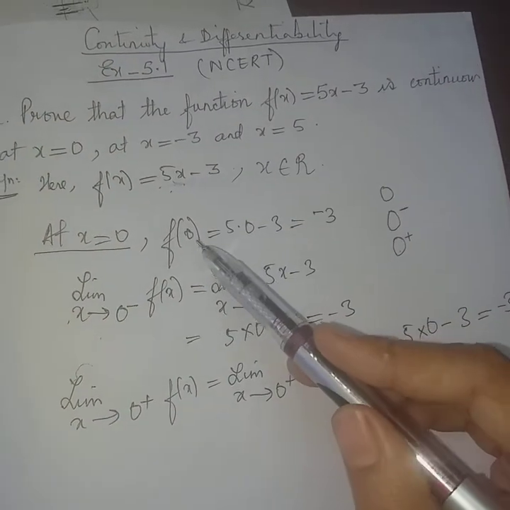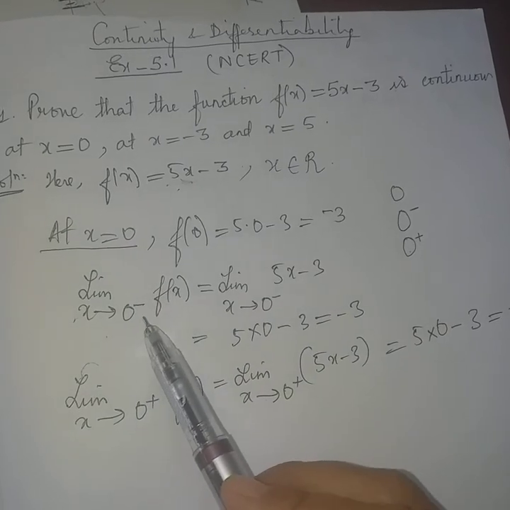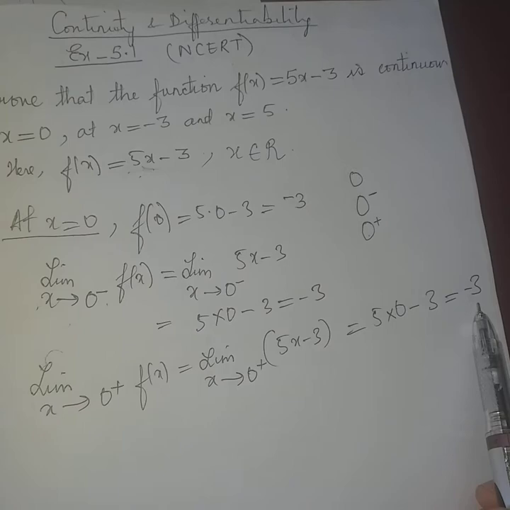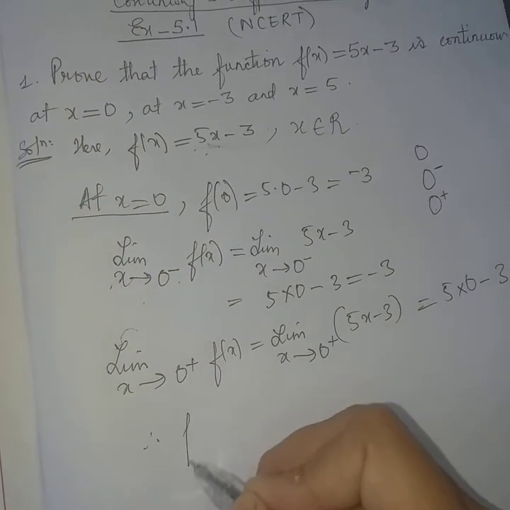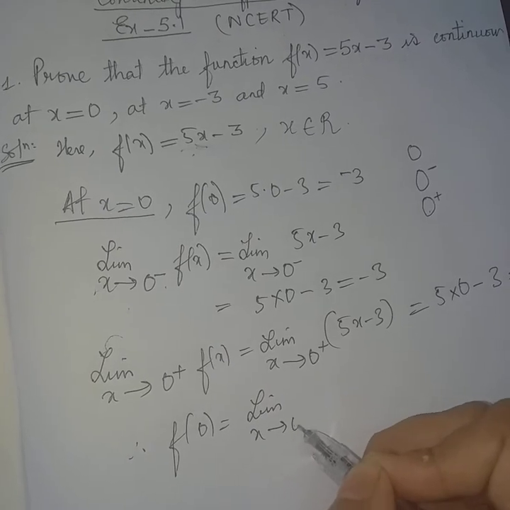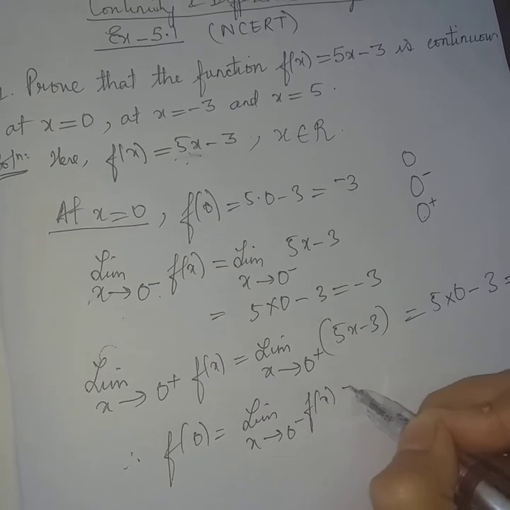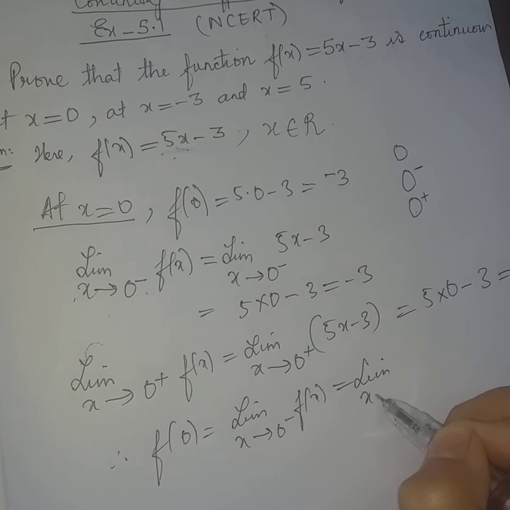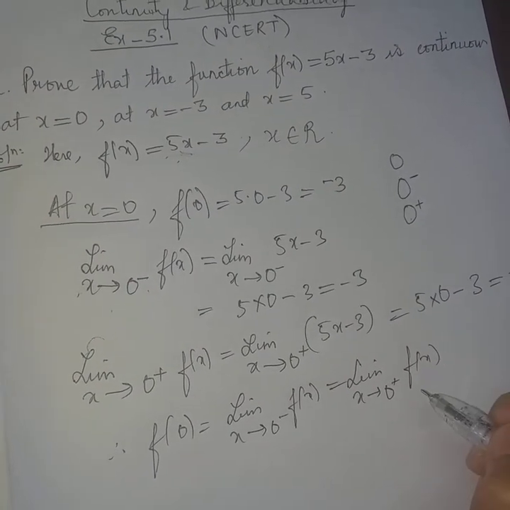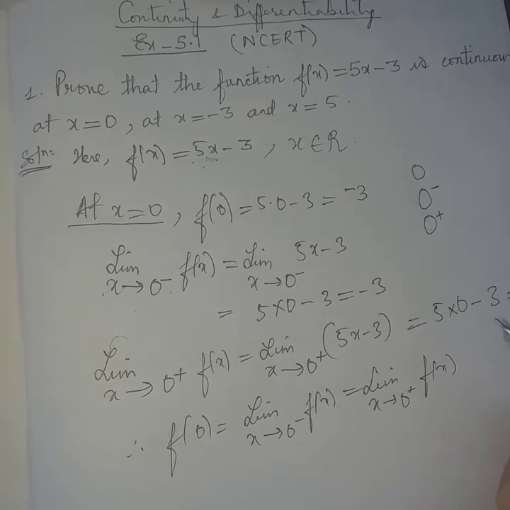So at 0 it is minus 3, at a point slightly less than 0 it is minus 3, and at a point slightly greater than 0 it is minus 3. Therefore f of 0 equal to the limit as x tends to 0 minus equal to the limit as x tends to 0 plus, so this function is continuous at x equal to 0.